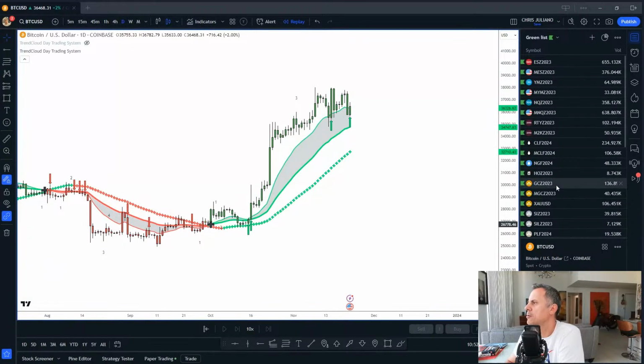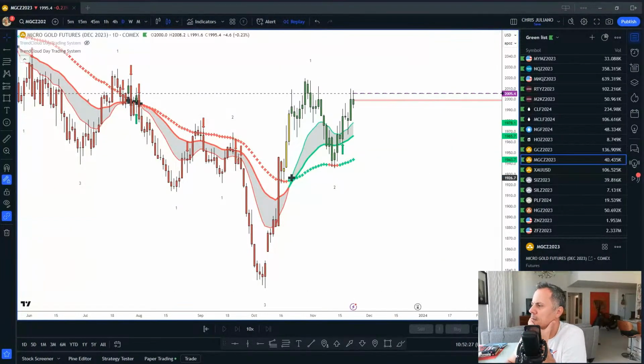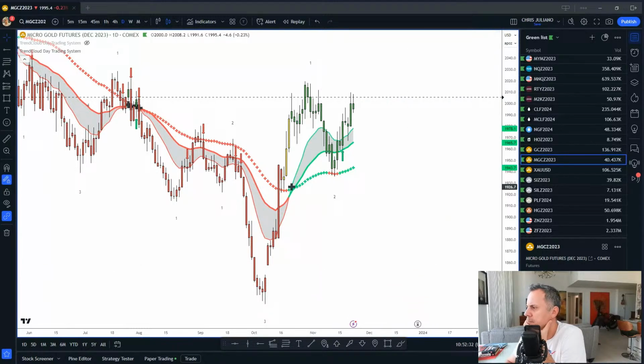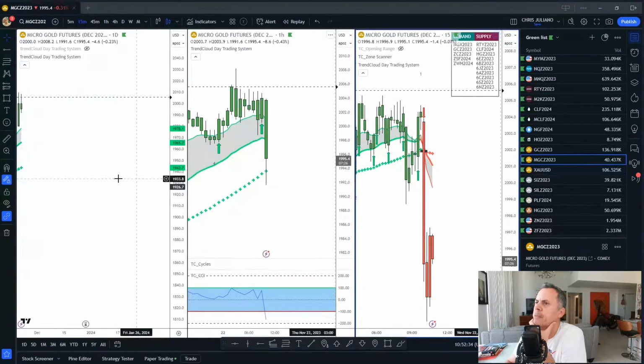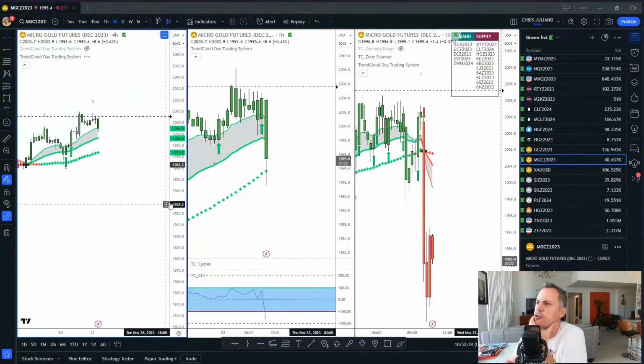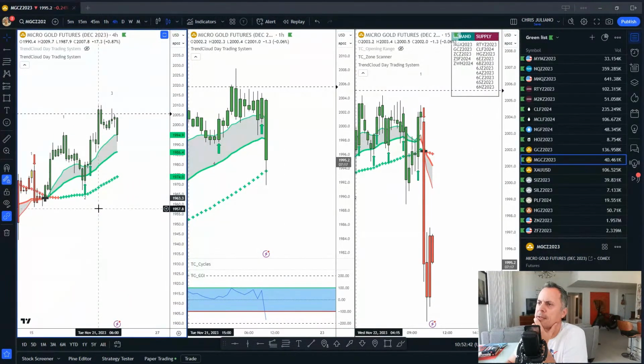Let's go over to gold. Let's see what's going on with gold here. Get back over to the 4-hour chart on gold. And here we go.